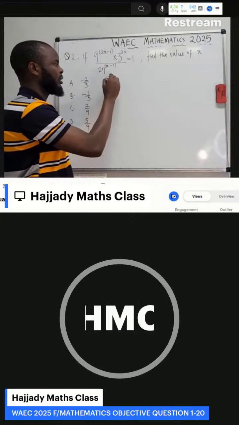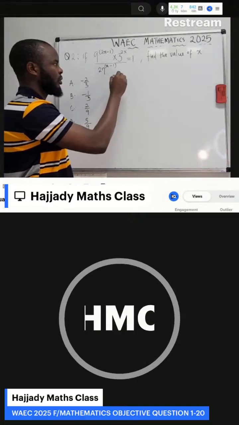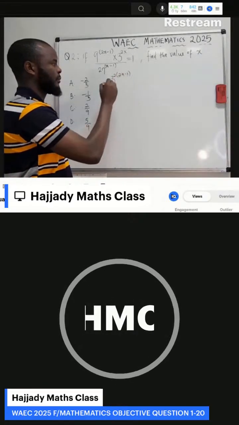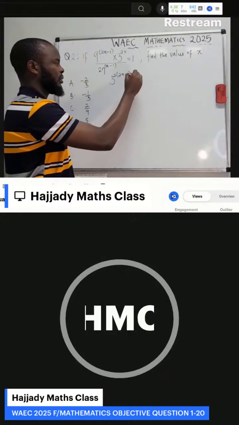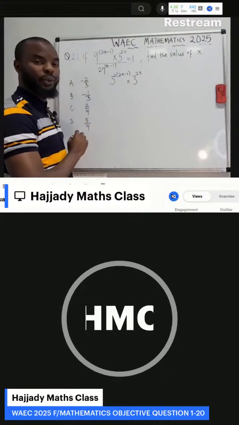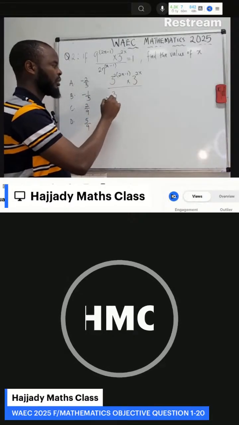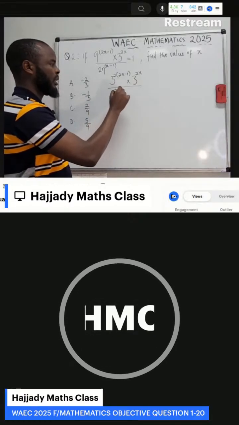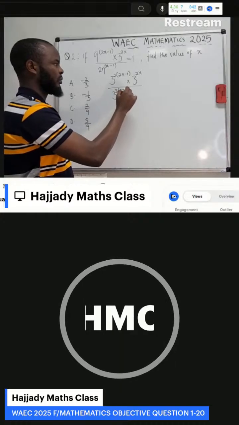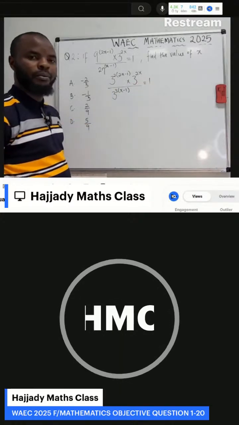Now, 9 is going to be 3 to the power of 2, raised to 2x minus 1, multiplying by 3 to the power of 2x, which is the numerator, divided by the denominator. 27 is going to be 3 to the power of 3, raised to x minus 1, equals 1.